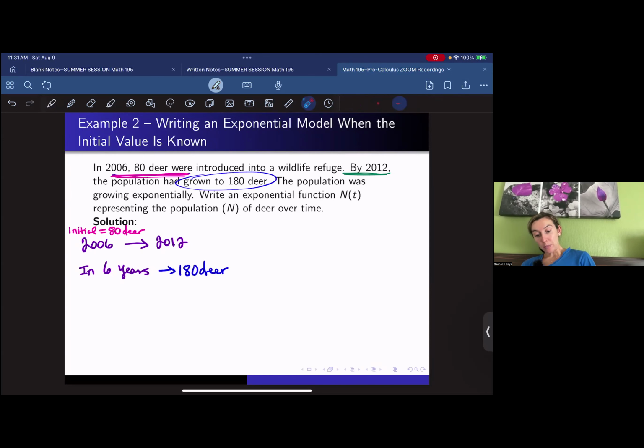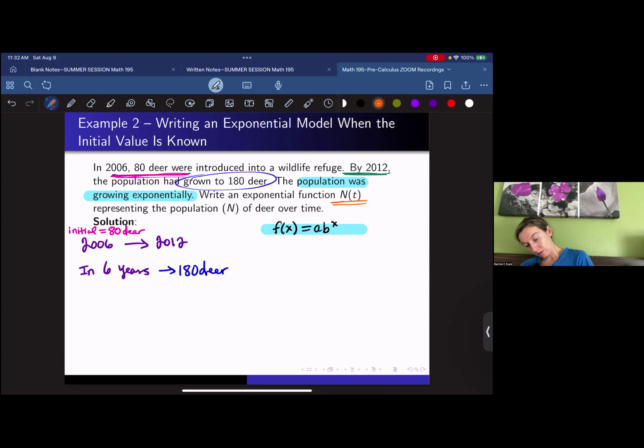And we're given that the population was growing exponentially. So we're going to utilize our exponential function. f of x is equal to a b to the x. Except we're going to be using different notation.